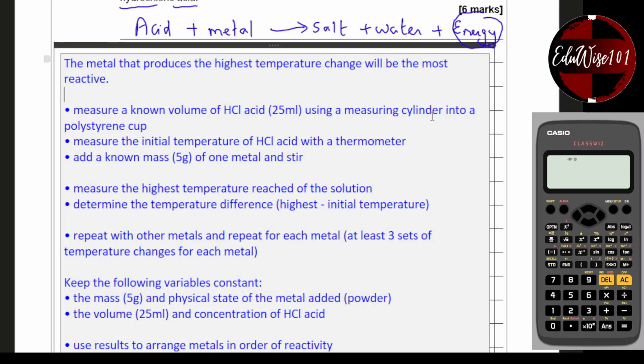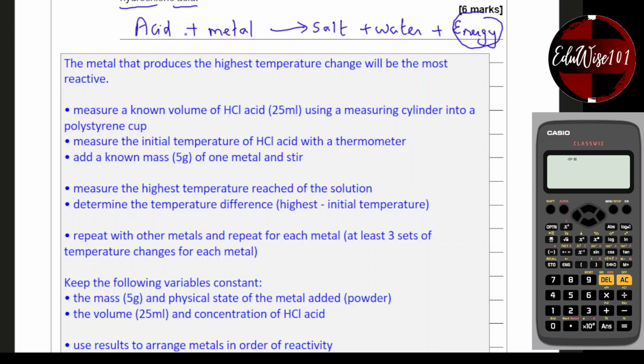Right? I'm starting off by saying the metal that produces the highest temperature change will be the most reactive. So right at the start, I'm saying the one which is the most reactive will be producing the biggest temperature change.